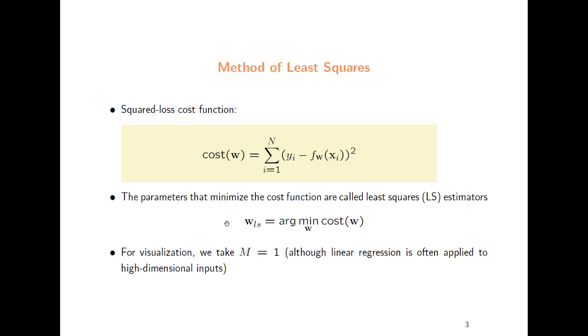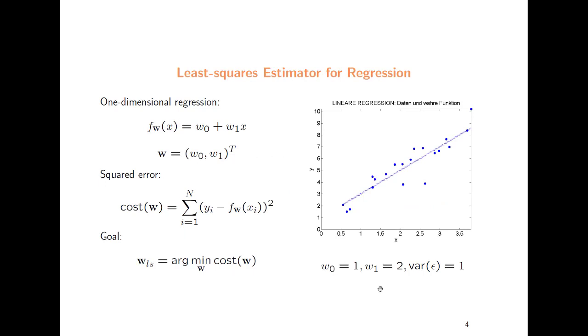So for visualization, we assume that there's only one input, although linear regression works really best in high dimensions. So here's the input x, and here's the output y, and here we see data points.